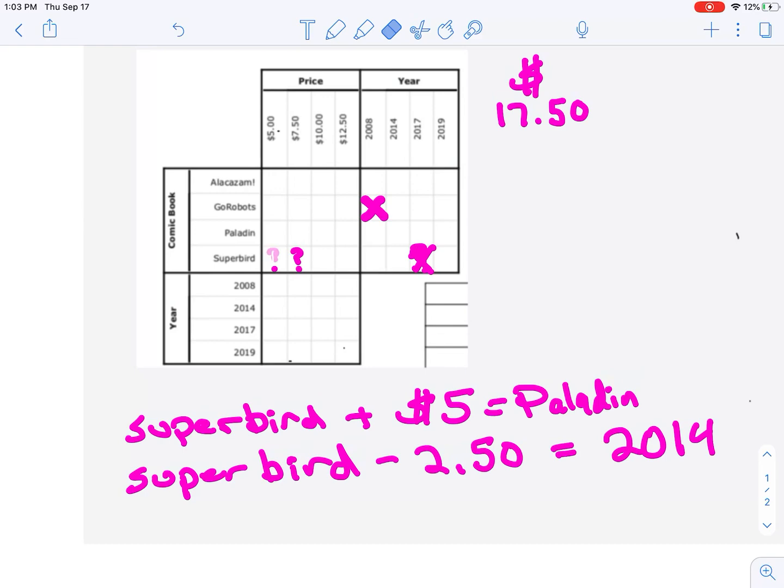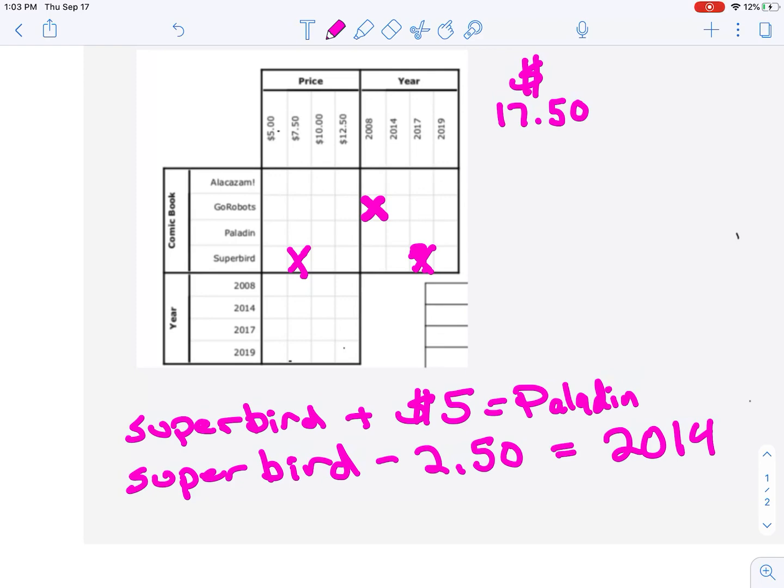So Superbird cannot be $5. So Superbird has to be $7.50. Now, just with those X's there, we can go through and solve everything else. Superbird being $7.50 solves it all.